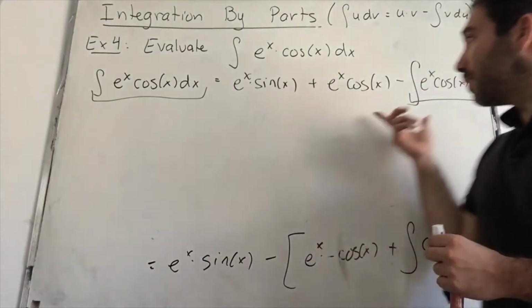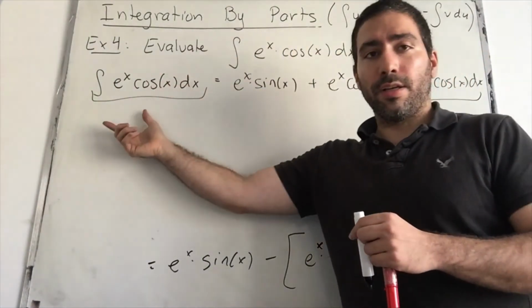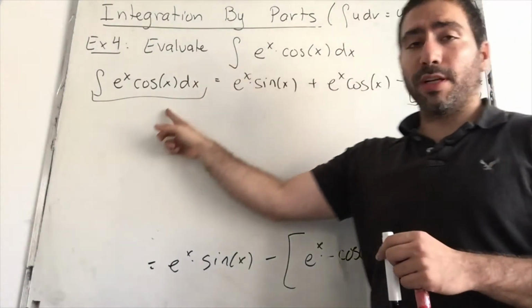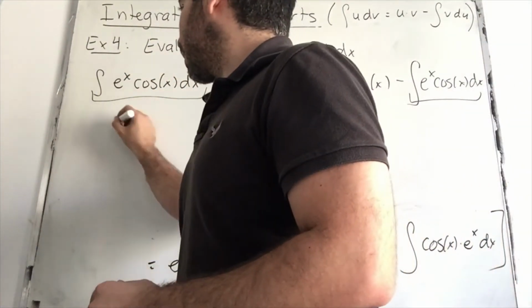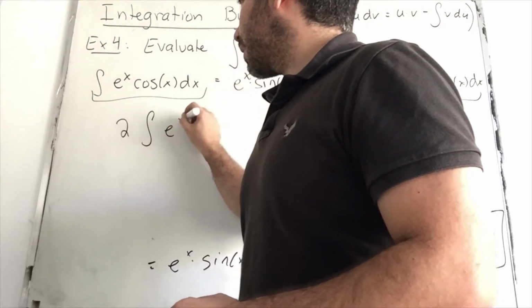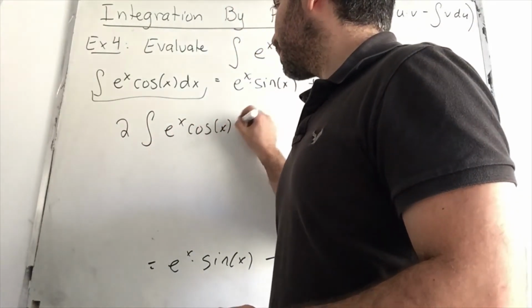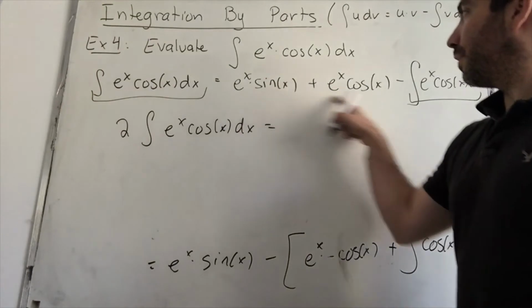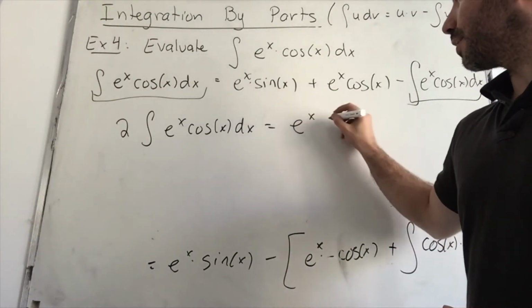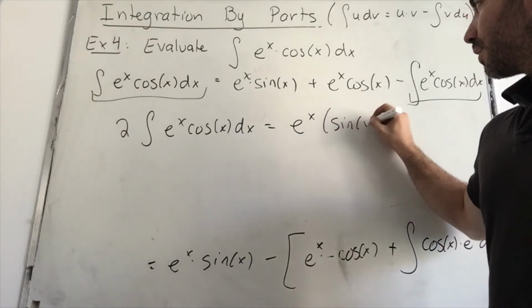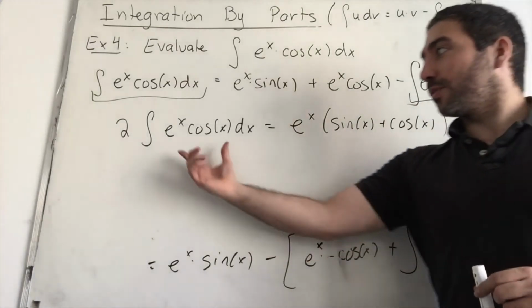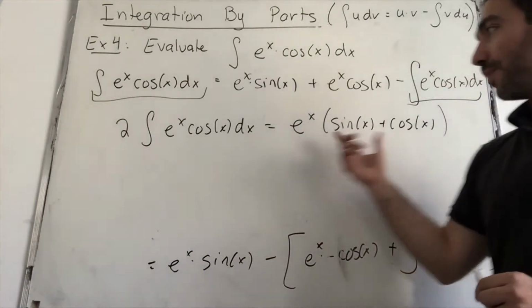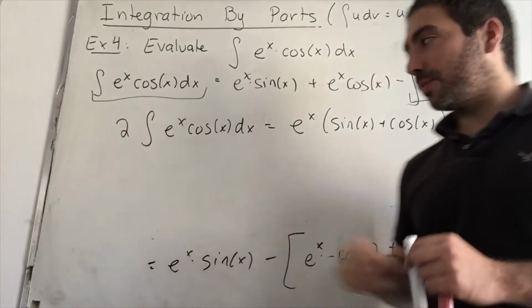So essentially what we can do is take this and bring it over on the other side. Since it's a minus here, it goes over as a plus, so you're going to have two of these things. So what we get is 2 times this integral, e to the x cos x dx, is equal to this thing over here. I'm just going to factor out the e to the x of sine x plus cos x. Okay, so this integral over here is equal to this thing over here, but there's 2 of them, so let's just divide it by 2.